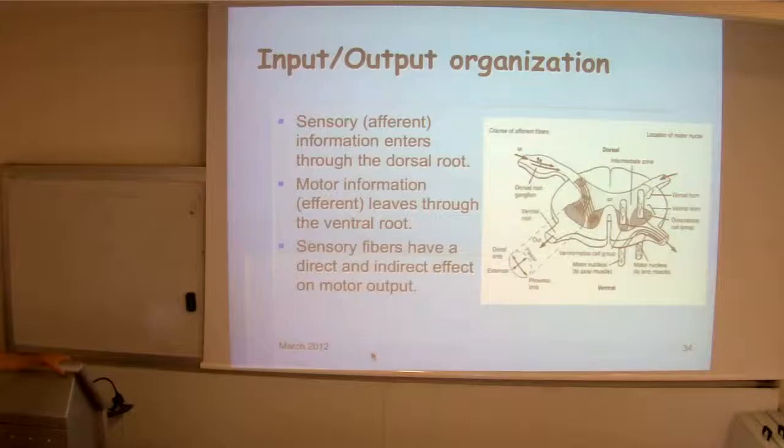Okay, so we talked about it many times. You have this alpha IA fiber coming through the dorsal root ganglion, going through the dorsal root, and then doing two things. One, they go up to the central nervous system, and also a little bit up and down in the spinal cord.